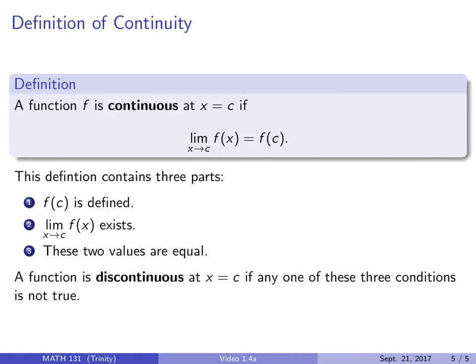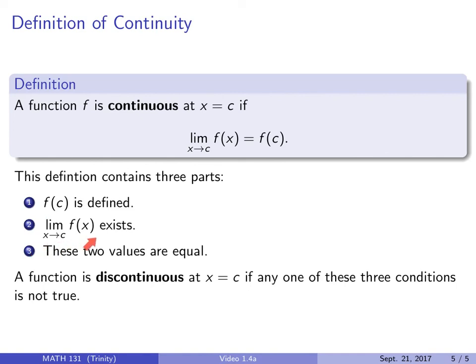So here's the technical definition of a function being continuous at a point. A function f is continuous at a point x equals c if the limit as x approaches c of f of x equals f of c at that point. So this definition contains three parts to it. For a function to be continuous, we need f of c to be defined, unlike the first example that had a hole.